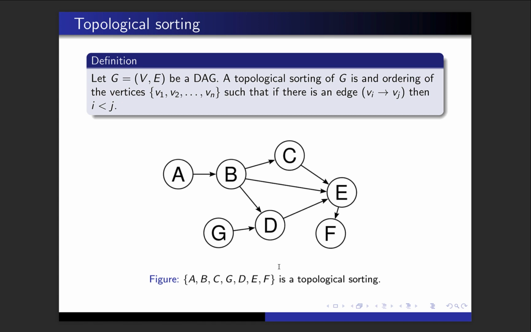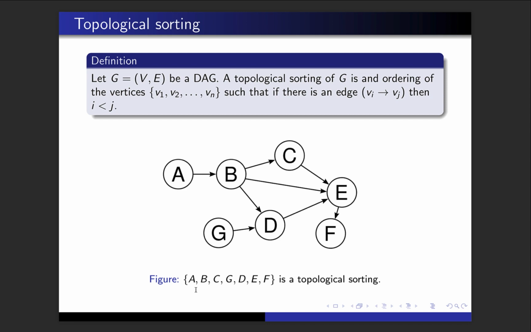That is what we will call a topological sort of the vertices. Now, it is important to have an acyclic graph, because if you have a cycle, no matter how you order the vertices, you always have to come back to close a cycle. So these topological sorts are only possible in a directed acyclic graph.